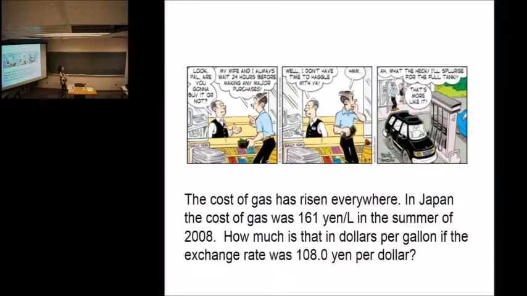What's my starting unit that I'm working with? Yen per liter. And what am I trying to change that to? Dollars per gallon. Okay, so here we go. I've got 108 yen. Now, how am I going to write that? Yen per liter.